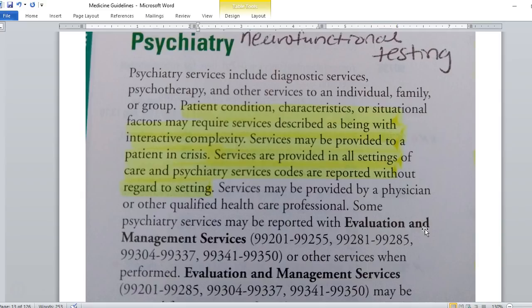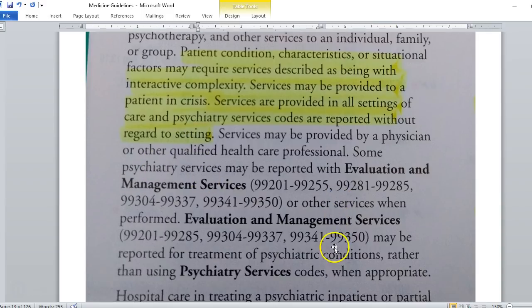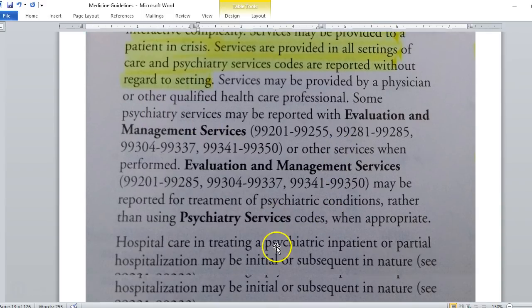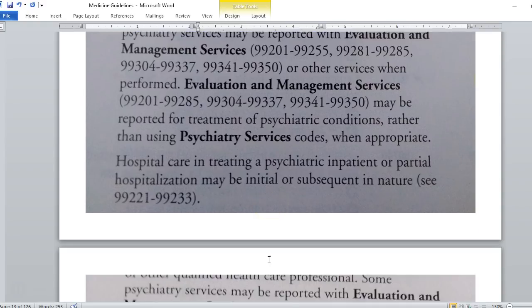Services are provided in all settings of care, and psychiatric codes are reported without regard to setting. So again, this could be the office, emergency room, observation, inpatient hospital, nursing home care, you name it. And sometimes we can report some psychiatry services with evaluation and management services, but we have to be careful about that.